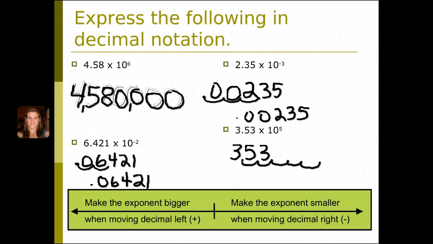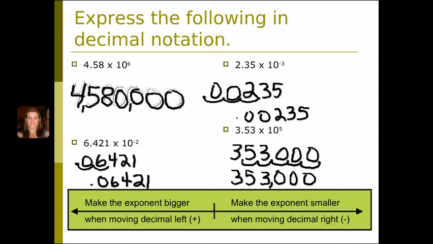We would fill in these places with zeros, and then we don't need to write the decimal at the end. Our number is 3 zeros. And once I put the commas in, I can read this number as 353,000.